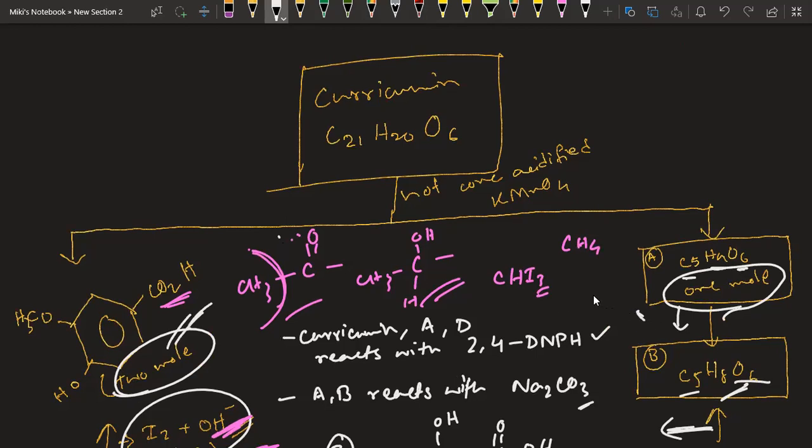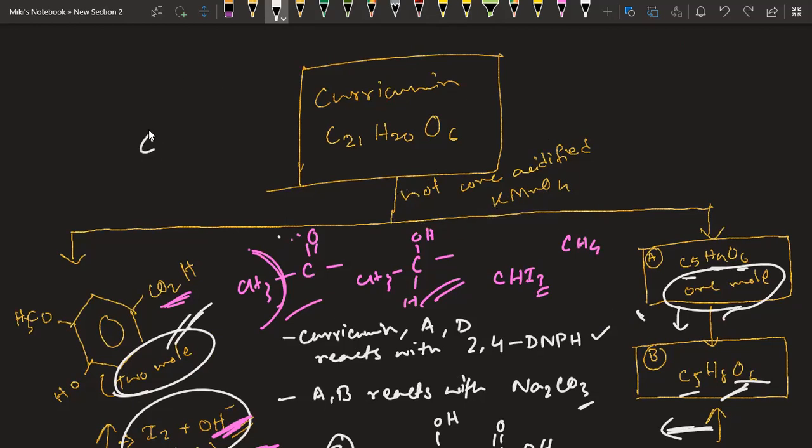Okay, now let's see. And remember, hot acidified KMnO4. This is separate. What is it doing? It is breaking a molecule into 2 portions. That means this is an oxidizing agent.